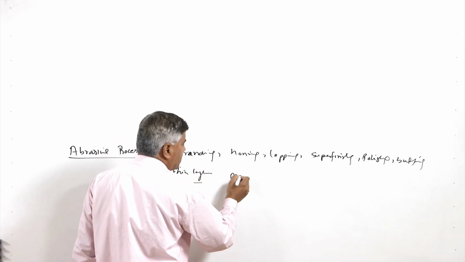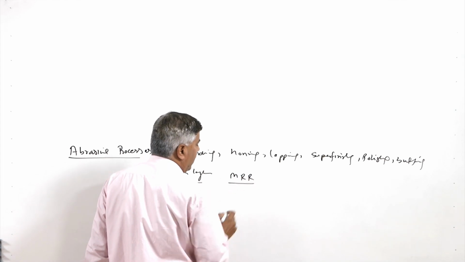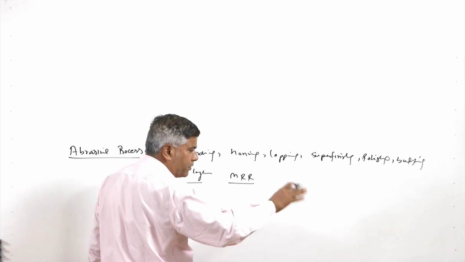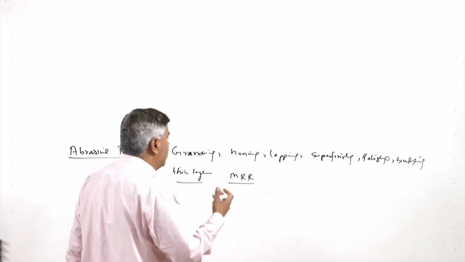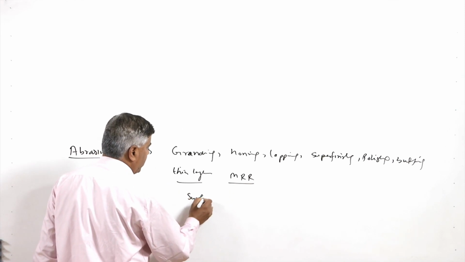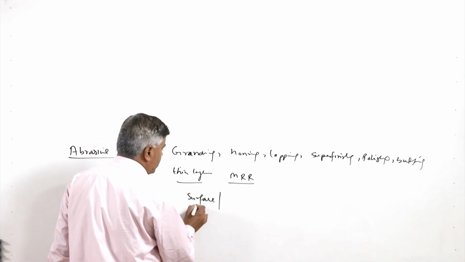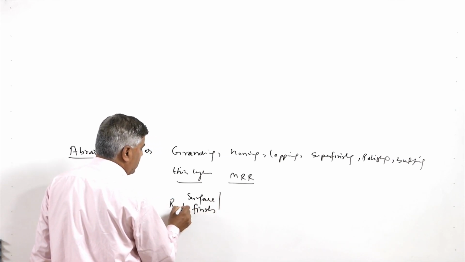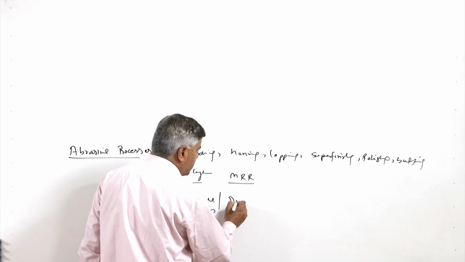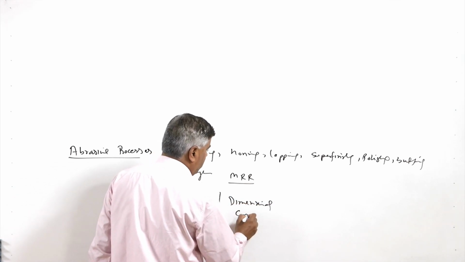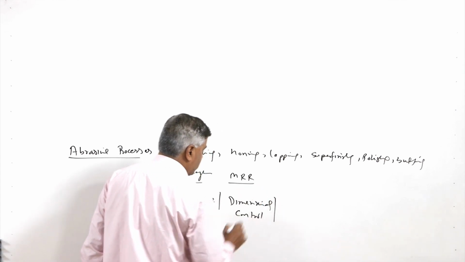So, MRR is not basically the target; a high MRR is not that important. Of course, it matters because we need to remove the material, but it is not a big requirement. The main requirement is the surface finish, with Ra as low as possible, and the dimensional control, which we see in terms of the closeness of the tolerance.